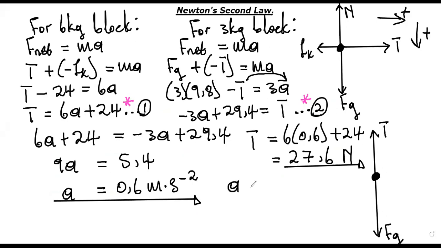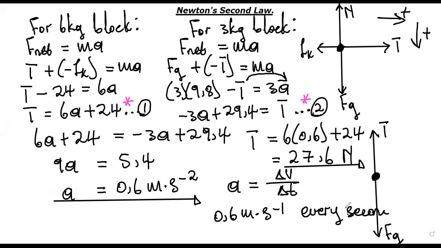So remember, when you define acceleration, you say it's the rate of change in velocity. So this simply means the velocity of an object changes by 0.6 meters per second every second.